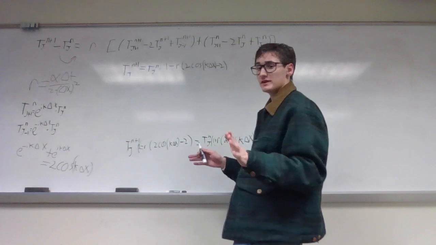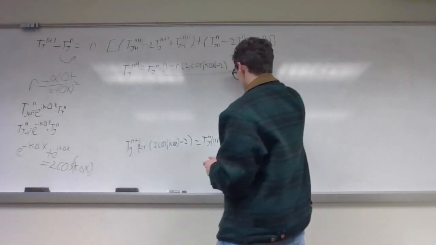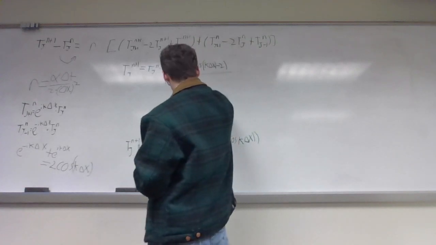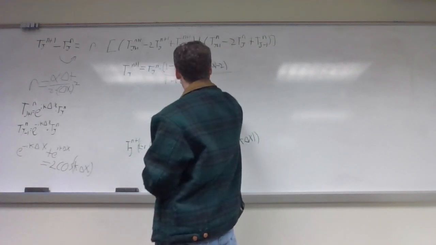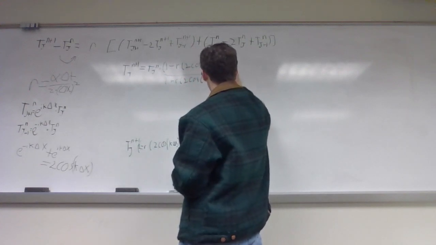Actually, no, it's fine. And then over 1 plus r times (2 cos k delta x minus 2).